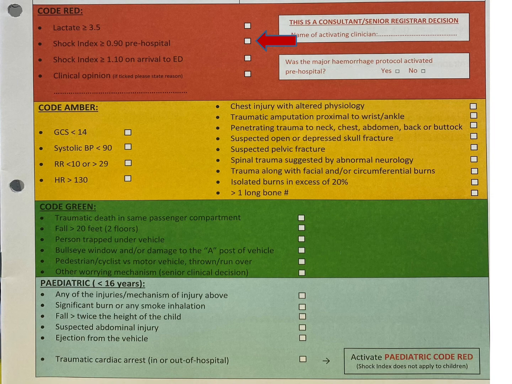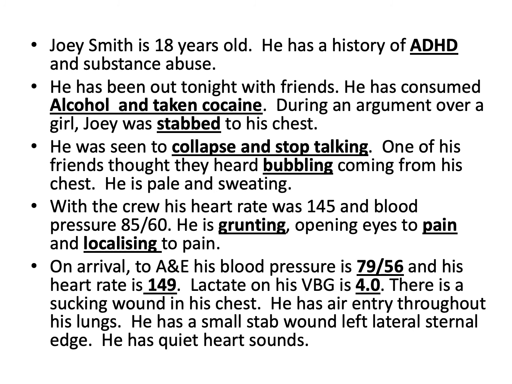So we need to think about the significant findings in the history or the presentation of Joey Smith that have made us call this as a trauma code red. The concerning details here would be that Joey has alcohol and cocaine on board with a history of substance abuse. He has been stabbed as witnessed by his friends.